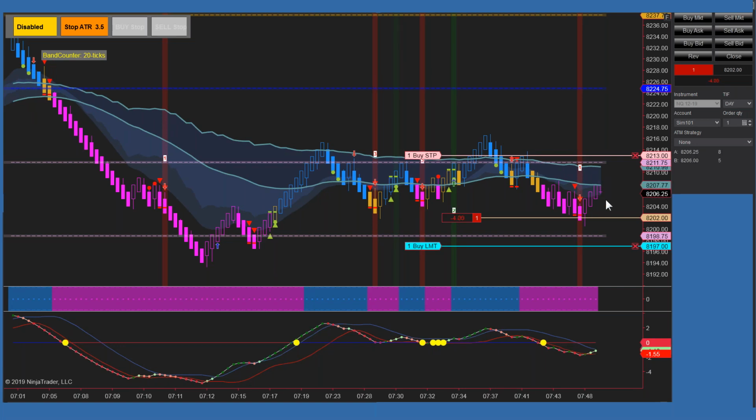Next bearish bar, I'm going to really start to get my stops in tight.